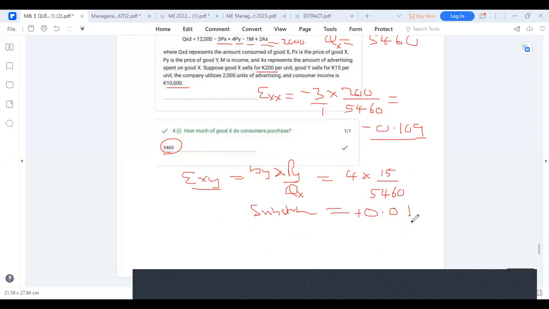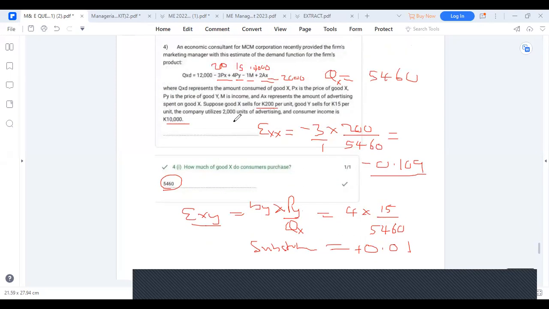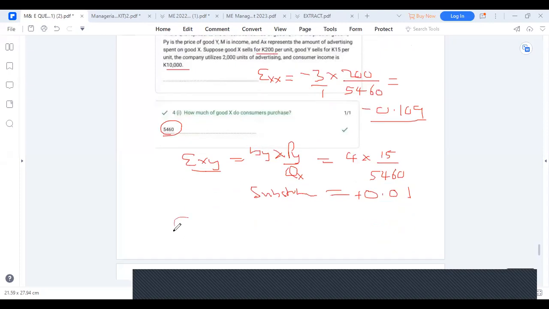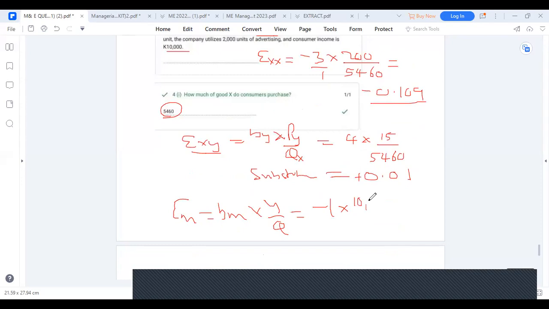Sorry, the normal good is if we're dealing with what? Income elasticity. Remember? Okay. Then let's go to income now. The elasticity of income is the gradient for the income times the actual income over what? The quantity. What is the gradient for the income? -1. What is the actual income? 10,000. And the quantity is 5460.